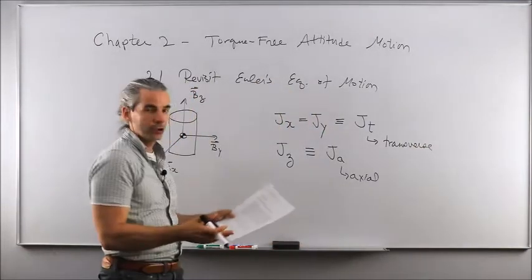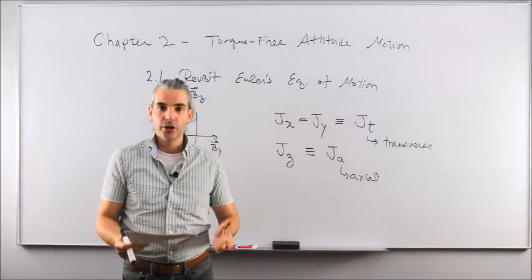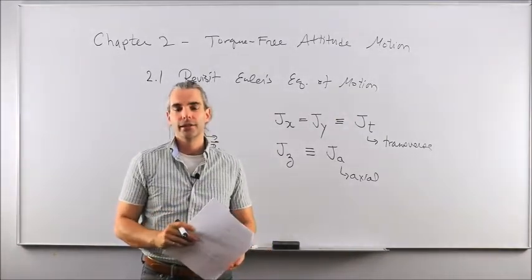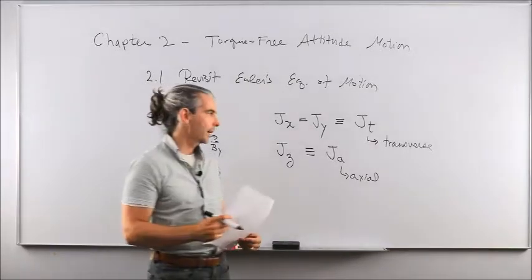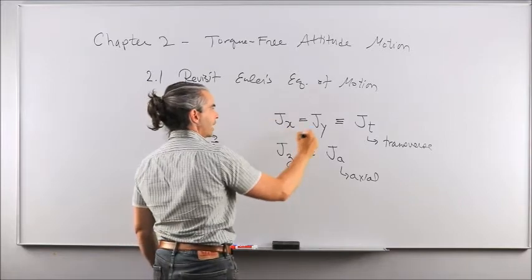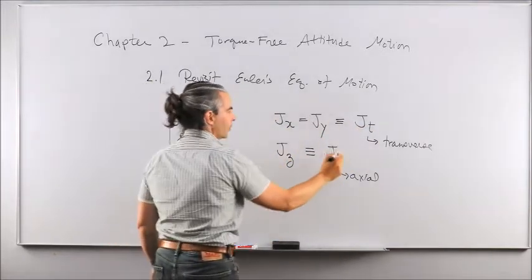So based on that, we're going to go back to the simplest form of our Euler's equations of motion, and these had been obtained at the very end of chapter 1 by considering a principal axis reference frame. So we're going to go back to the three scalar equations and replace Jx and Jy by Jt, and then we're going to replace Jz with Ja.